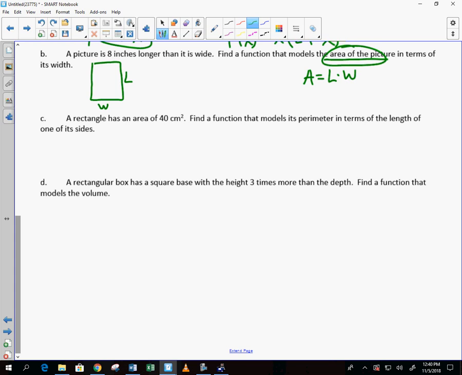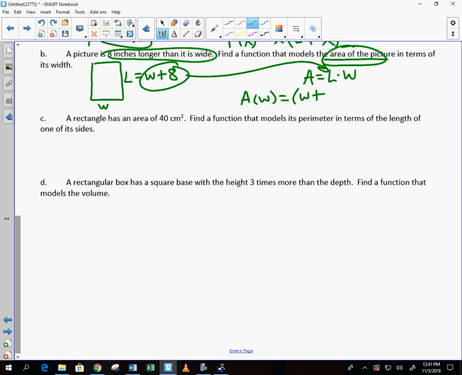Somebody give me something else so that I can get rid of the L and have a W in its place. Length equals width plus 8, because it says 8 inches longer than it is wide. I take that and put it in place of the L. And I get area in terms of width is W plus 8 times W.